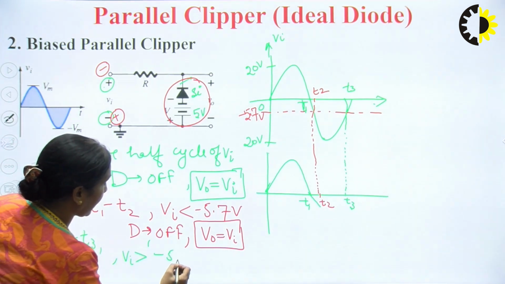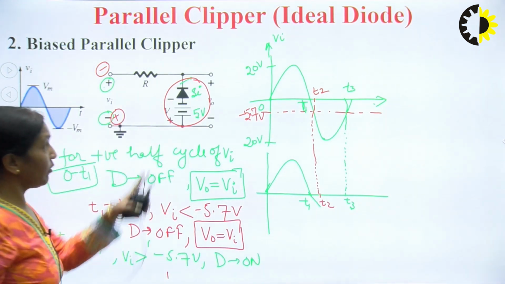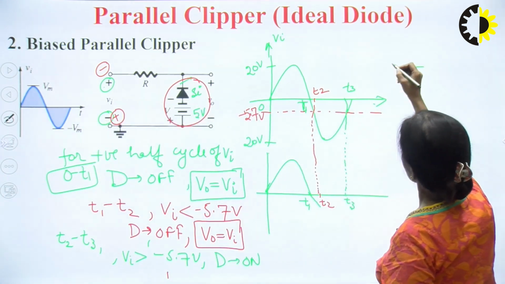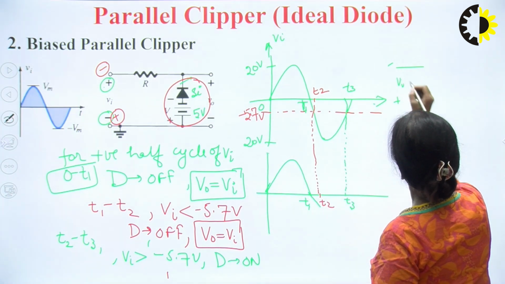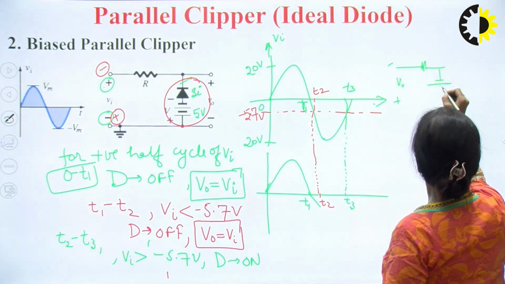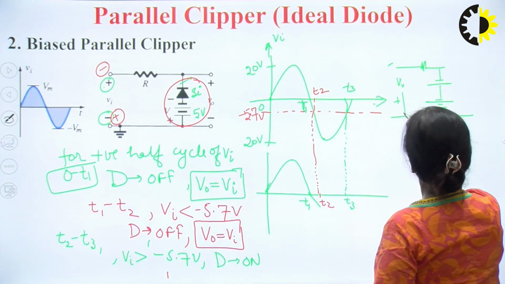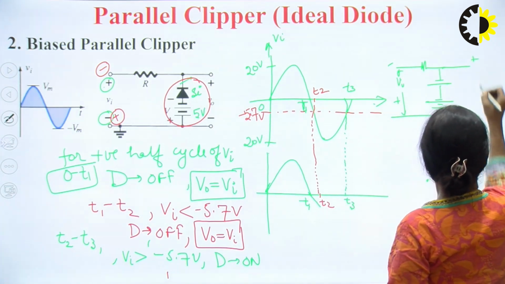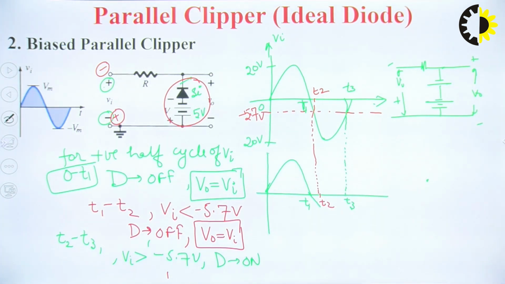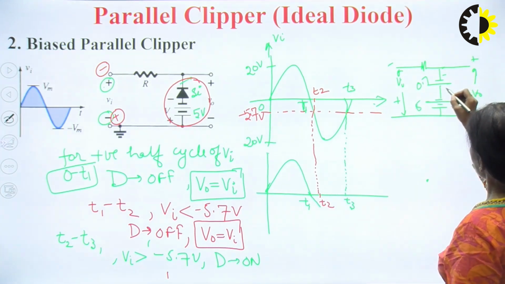So diode is on, and when your diode is on, then the equivalent circuit will be this: this is 0.7, this is 5, minus plus, minus plus.